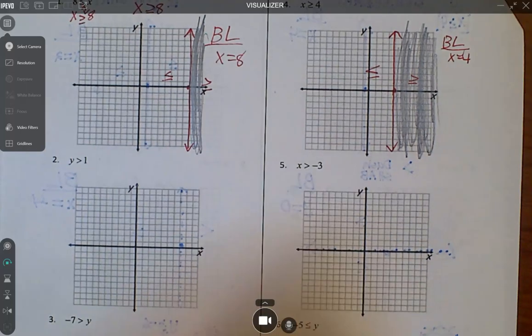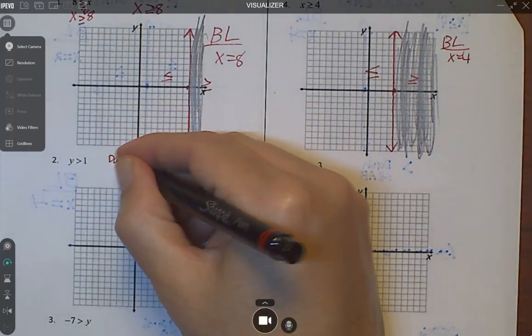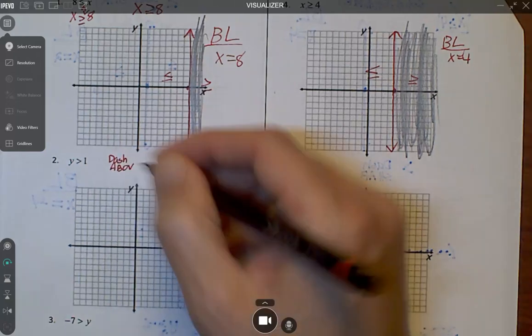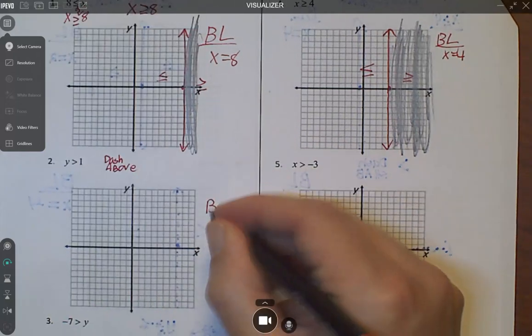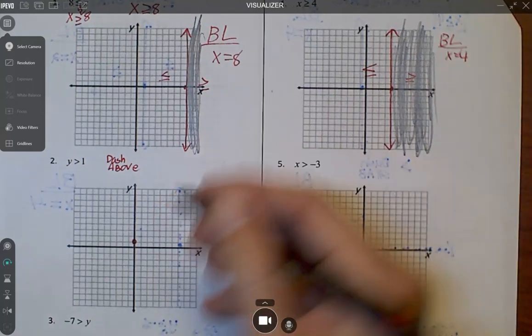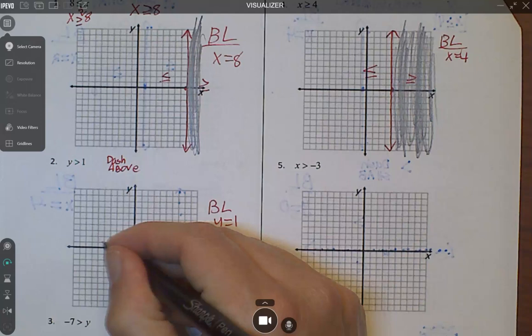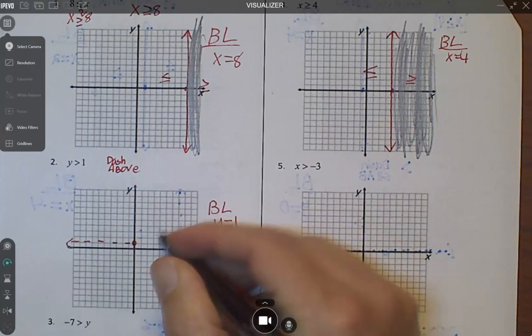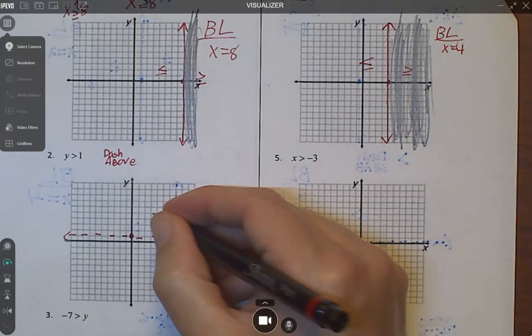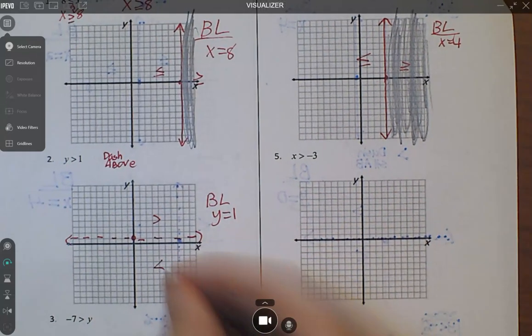Okay, so this is dash above because it's greater than. So our boundary line is y equals 1. Okay, we're going dash. And all the y's that go up are greater than, this is less than.